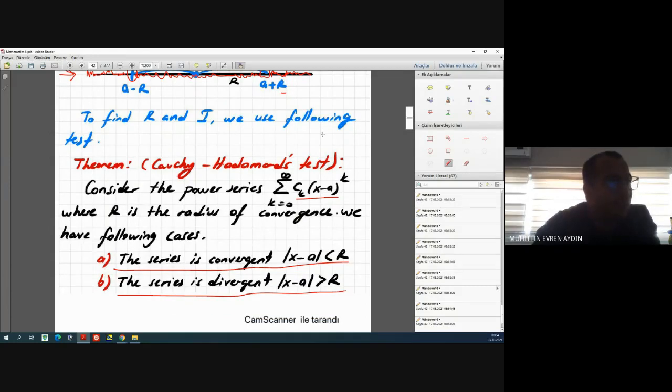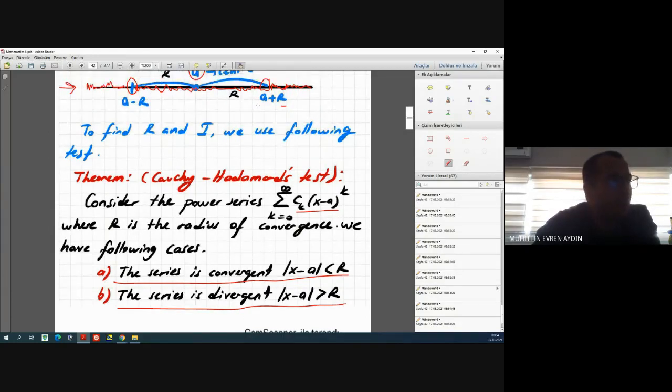So we have to observe also the end points of the interval.